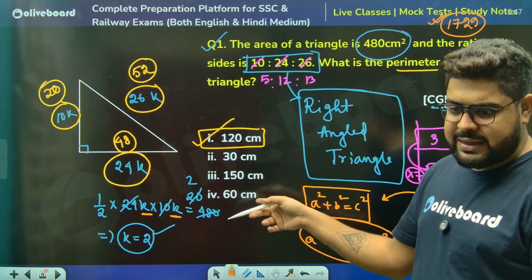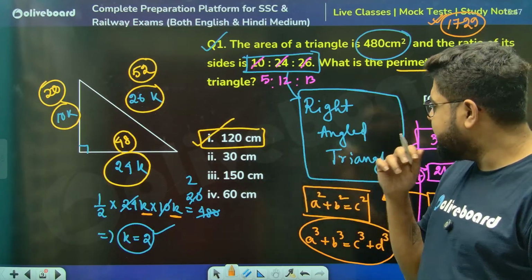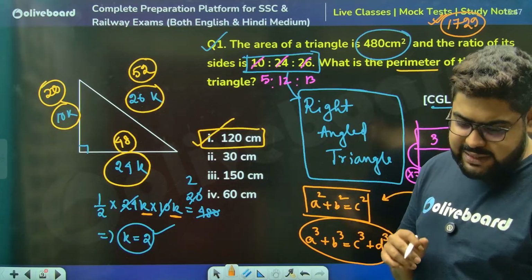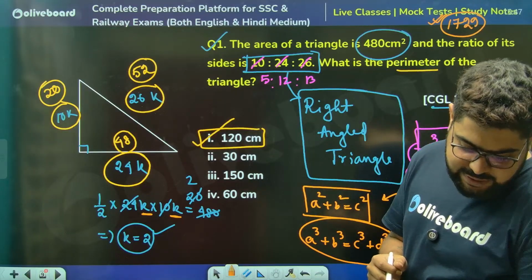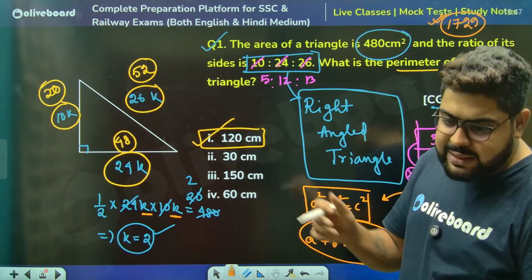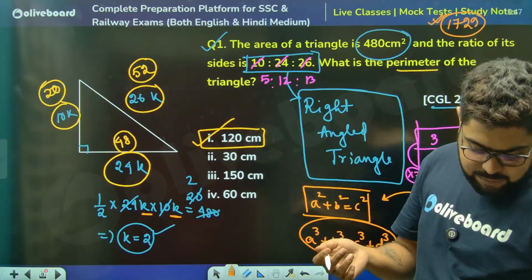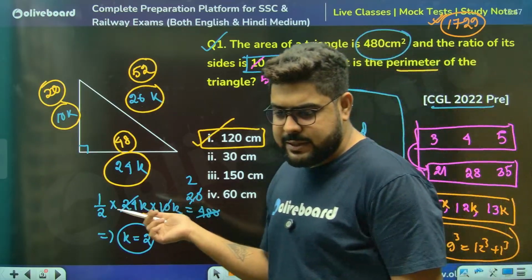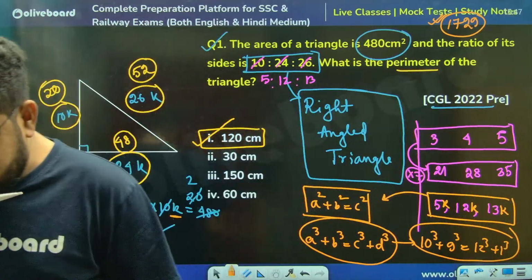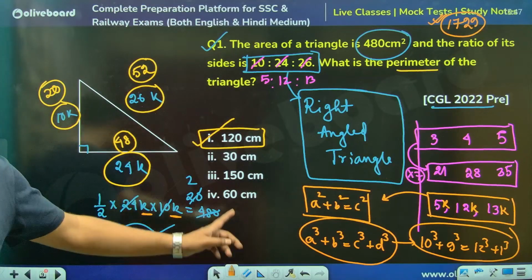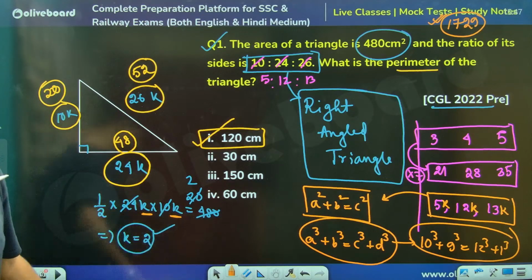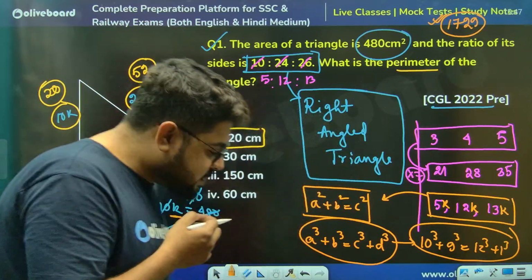Have you checked this? I'm not getting any mistake here. Can you please check once? Or anyone else, can you please let us know whether you are getting 120? K is 2. Okay, verified.